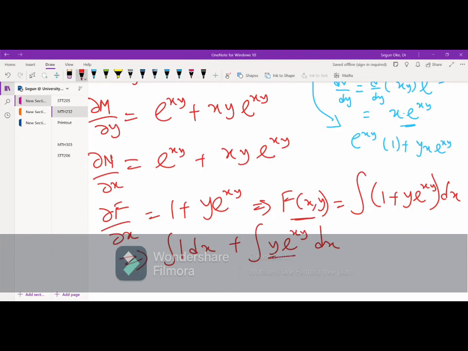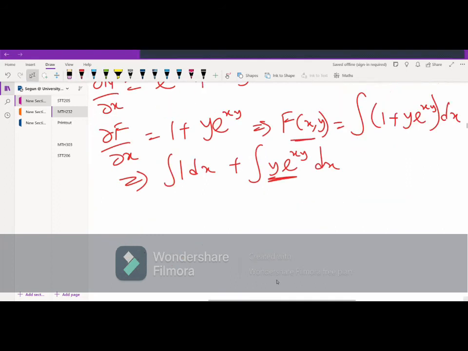So you use substitution method. In this case now, if you integrate very well, you are going to have plus exponential xy.